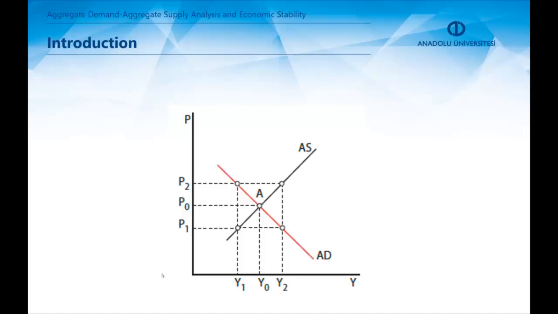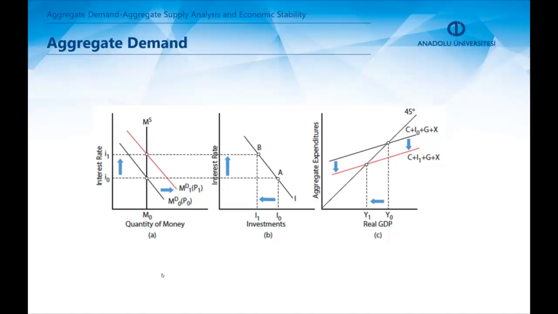Because of that, using figures or graphs is important to understand this process. Here, AD and AS curves and the equilibrium levels give you some insights about the economic process.